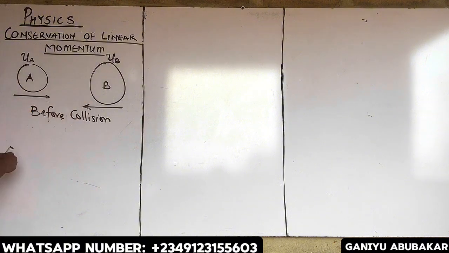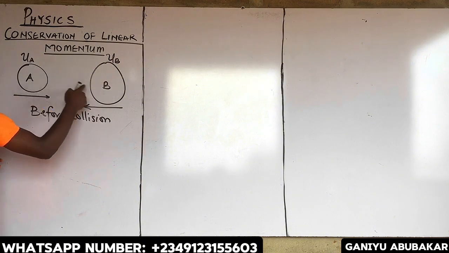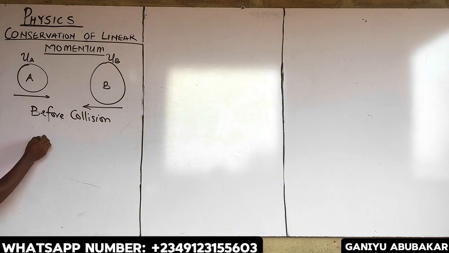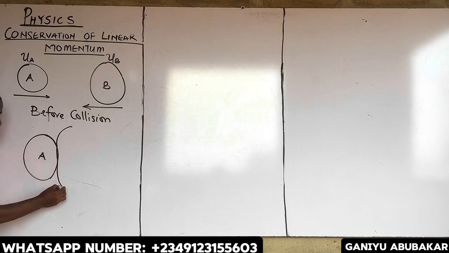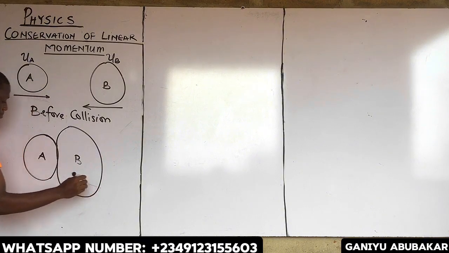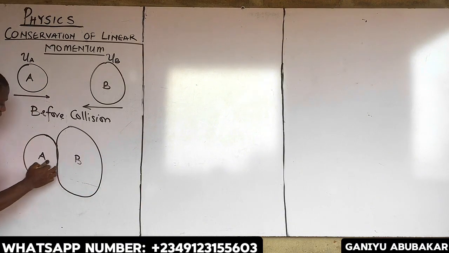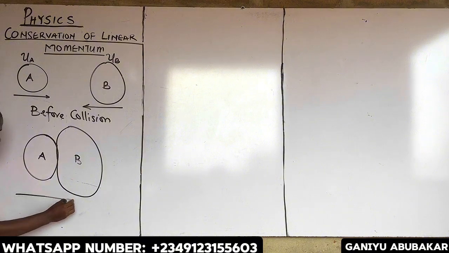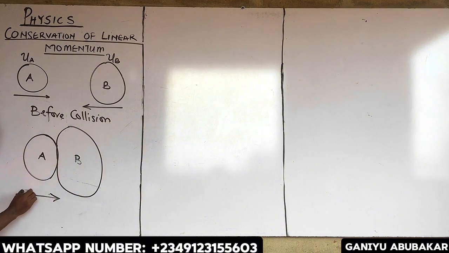At this point, when object A and object B hit each other, I'll have something of this nature. Let me call this object A and this object B. Object A moves with a force, let me call it FA.